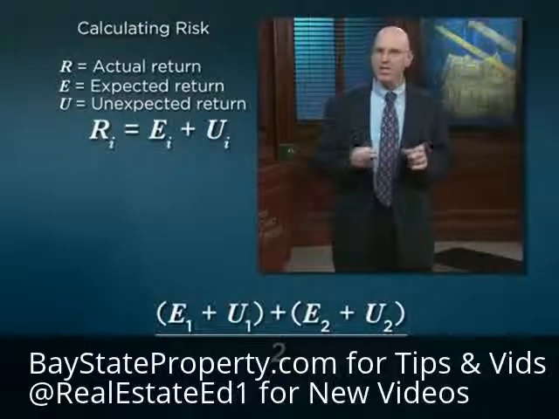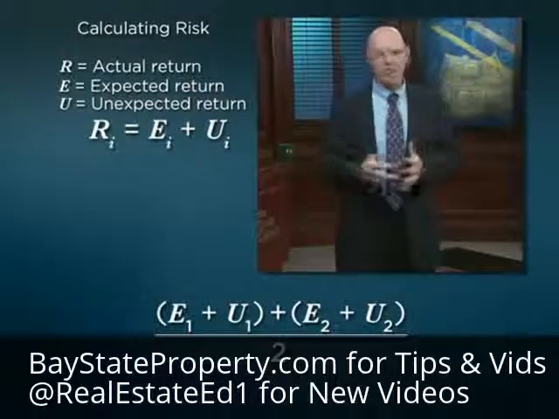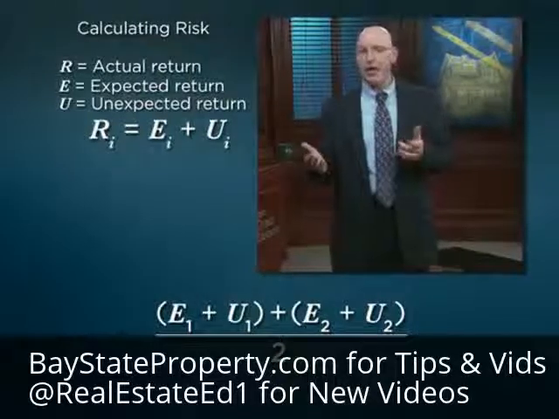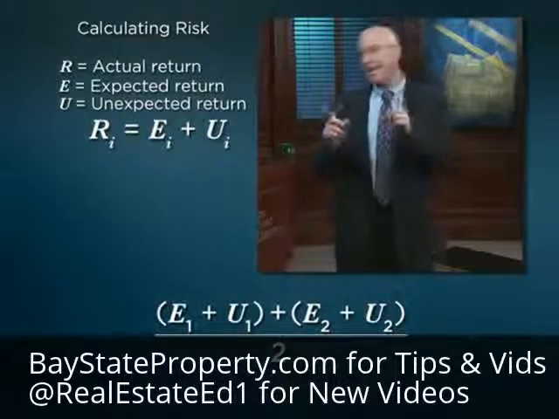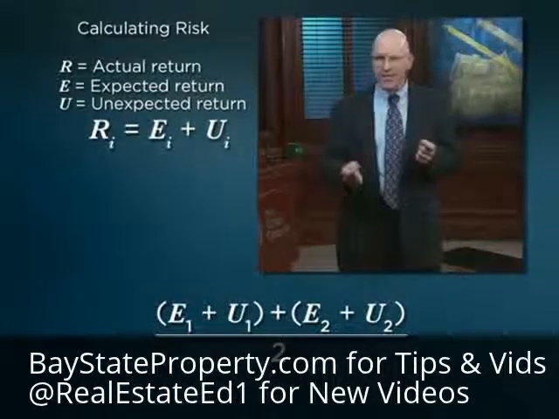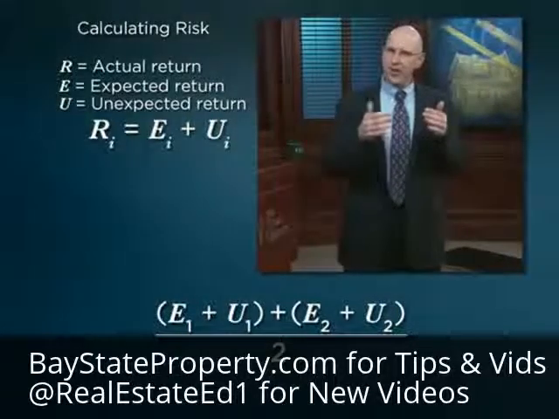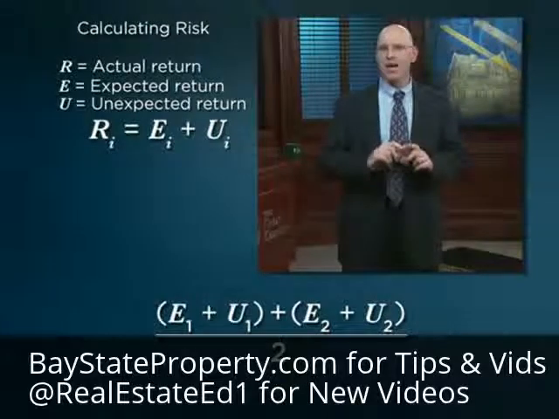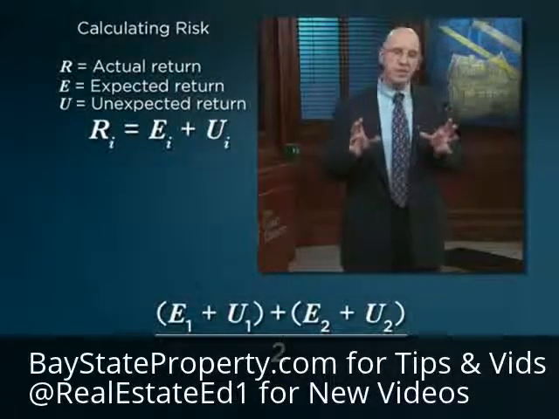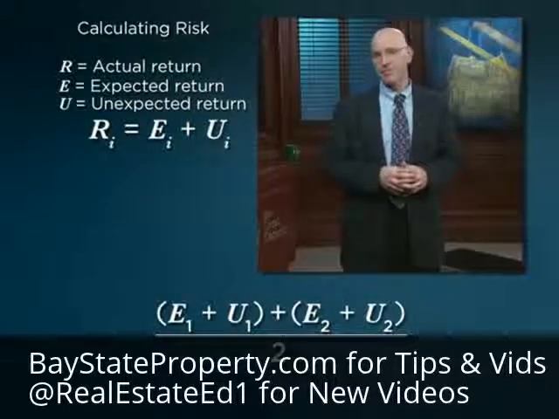But notice that U1 and U2 are unexpected returns. They may each be positive or negative, or one may be positive and the other may be negative. When one is positive and the other negative, then they tend to cancel each other out, at least a little. Of course, with only two assets, they'll only cancel out part of their unexpected returns part of the time.